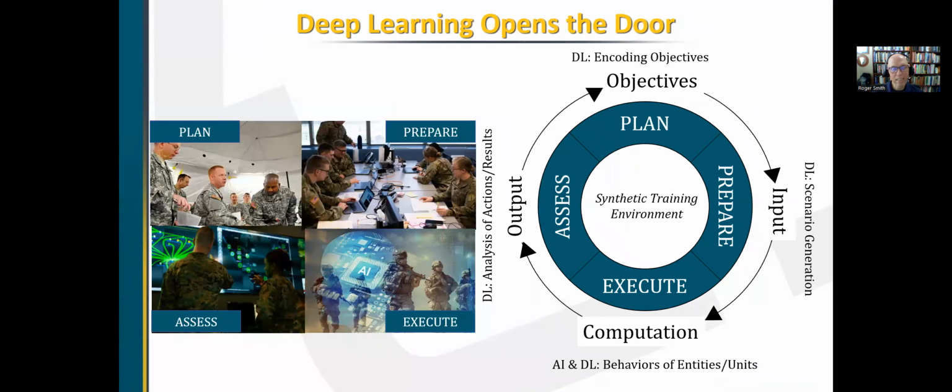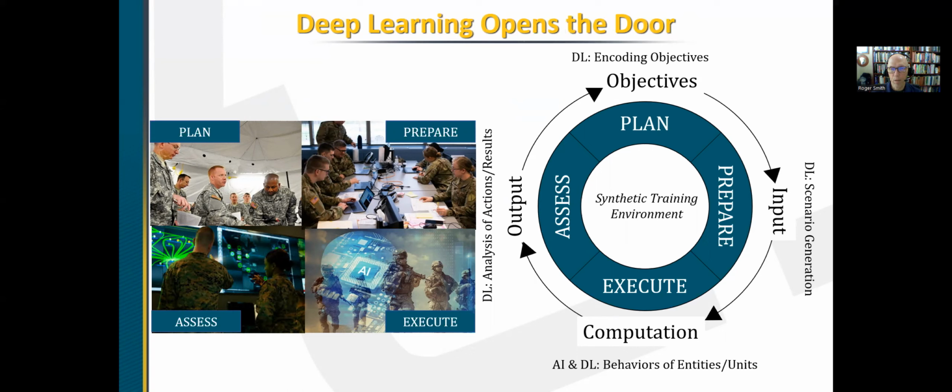But deep learning is different. Deep learning is very good at identifying patterns in oceans of data and creating classifications that may classify the performance of a unit as good, bad, or mediocre, for example. They're very good at doing that, and they can turn millions of pieces of data into a single classification of performance.